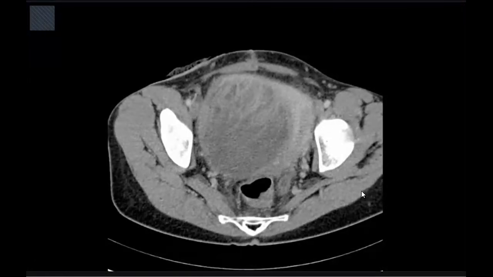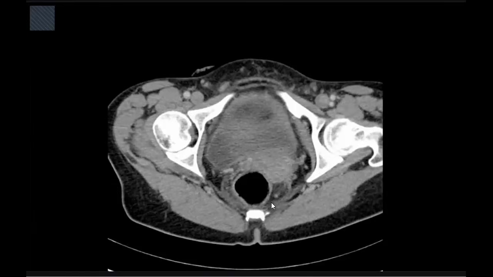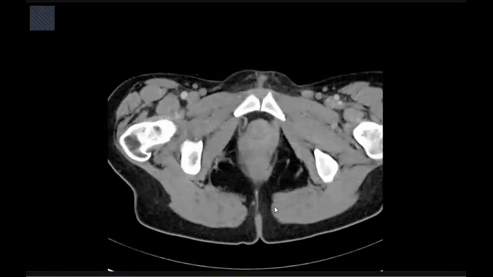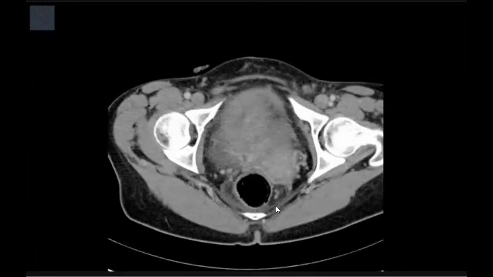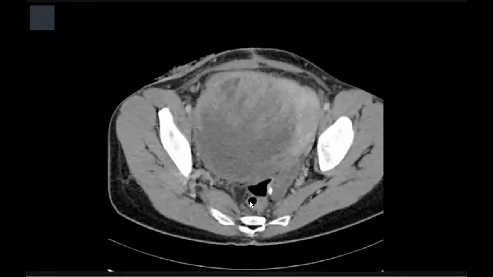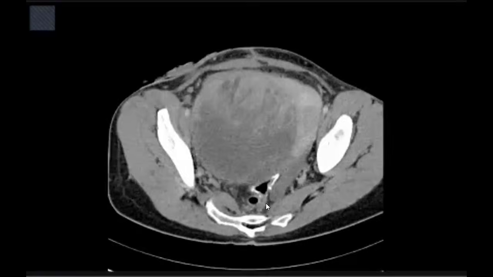Here maybe primary, but maybe secondary. So as you told, I need to exclude any associated colonic mass, gastric mass, appendiceal mass, or breast mass.